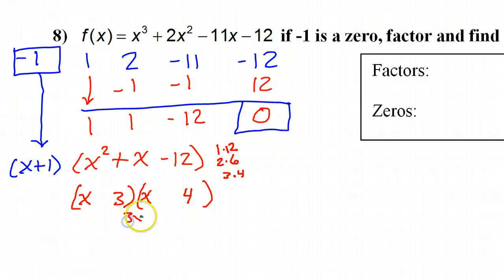All right, because that gives me 3x inner and 4x outer. So if I want a positive 1 middle, I need the 3 to be negative and the 4 to be positive. That'll give me positive 1. So there's my negative 3 and there's my positive 4. Also, a negative times a positive is a negative, so that's working out.